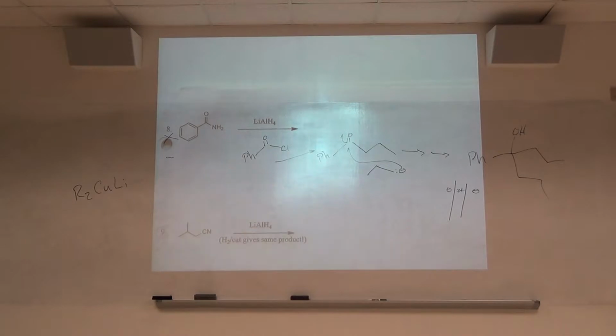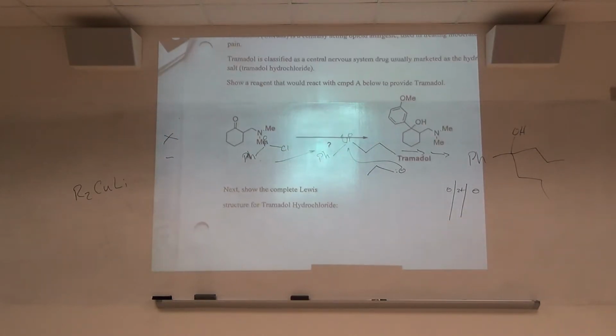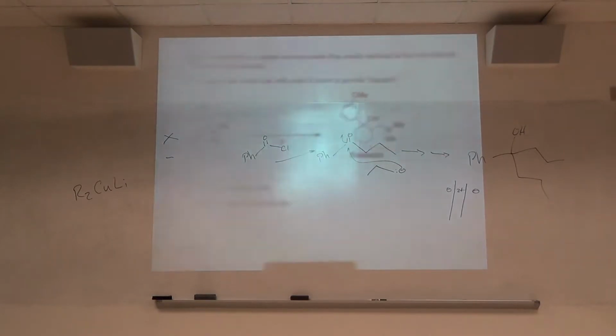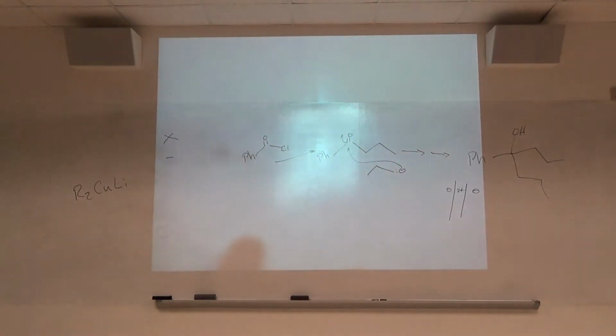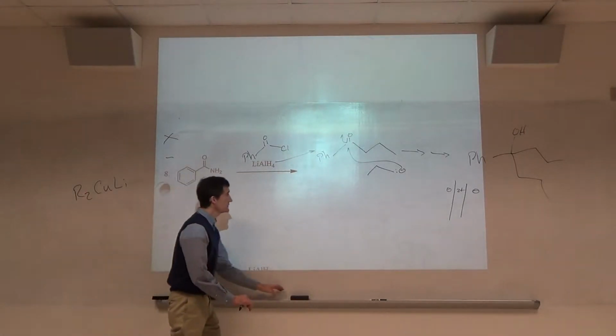Let's look at number 8. We'll also look back at the front page, the warm-up question. If you're reacting an amide, primary, it can be secondary or tertiary, with LAH, what do you get?